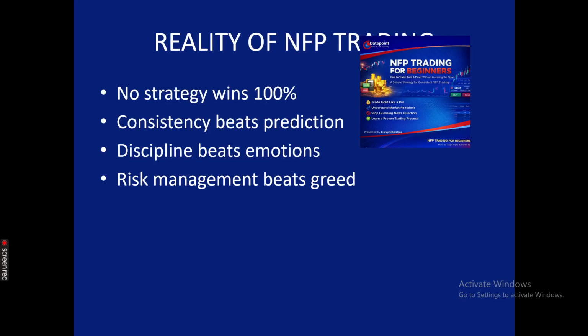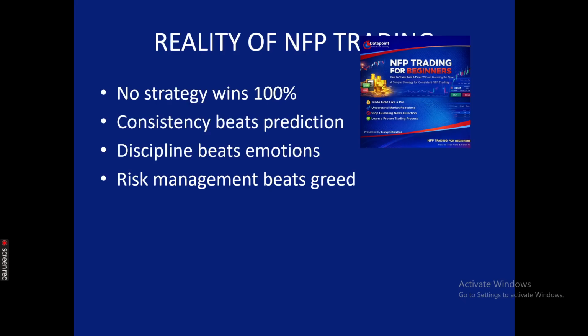So the next one is discipline beats emotion. Sometimes we tend to trade with emotion. When we lose, we want revenge, we want to collect the money back immediately. You don't need to do that. And sometimes we are not patient enough to see our structures in place before we enter the market.